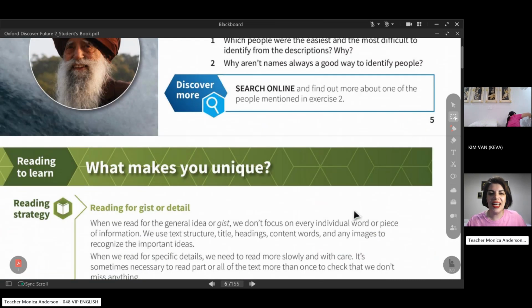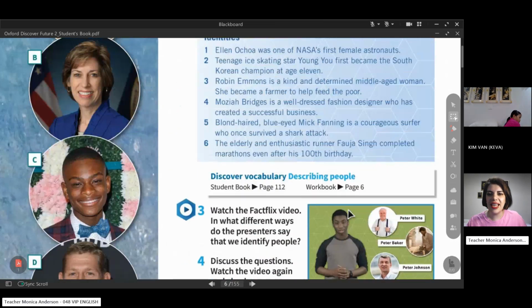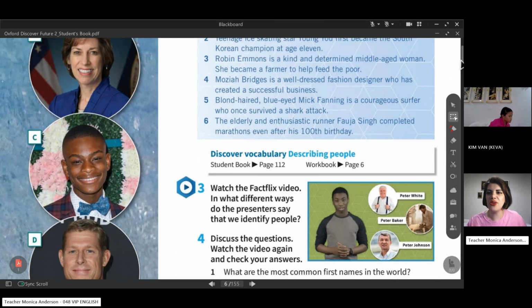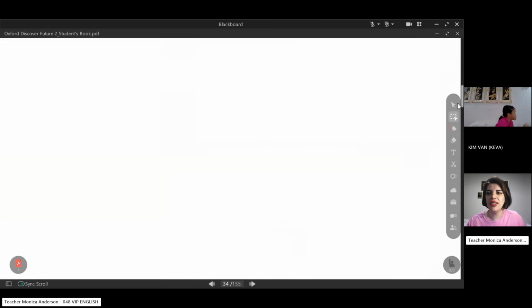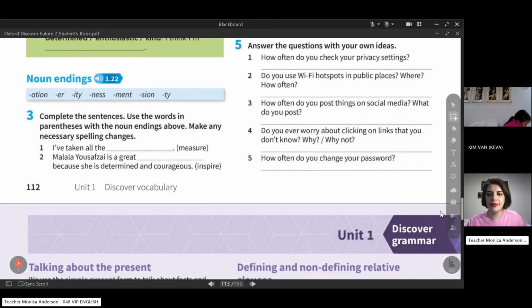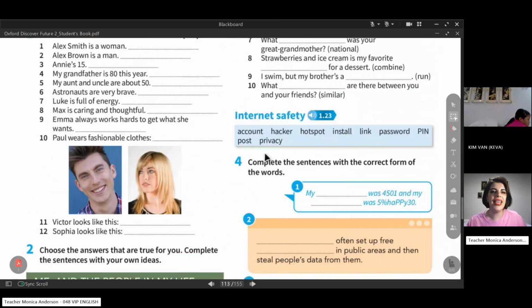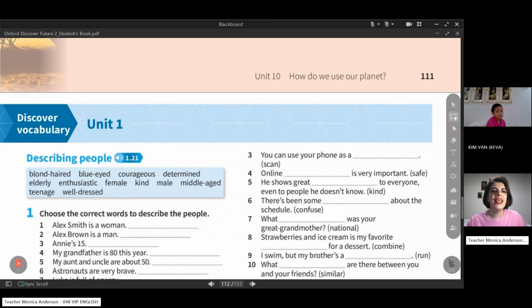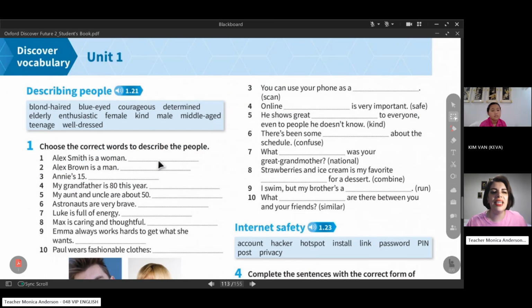Okay. Well, and now let's have a look at page 112. Let's check it together. Here we're going to complete these descriptions about people. So choose the correct word to describe the people. So let's do this one together.